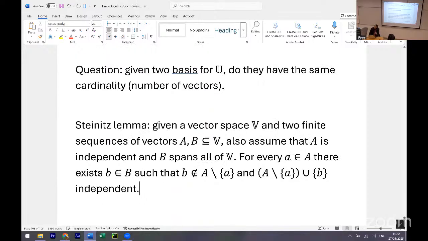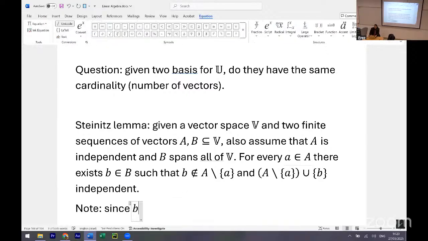In Hebrew, we call it lemma ha'achlafa, the replacing lemma, because we replace A. So why did I need to tell you that B is not already there? Note, since B is not within A without A, the number of elements in A is equal to the number of elements after the replacement.